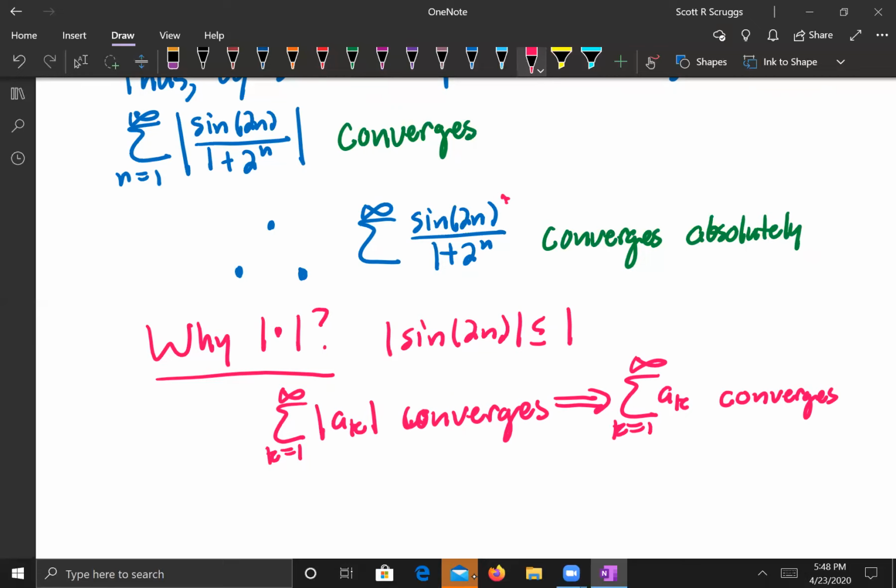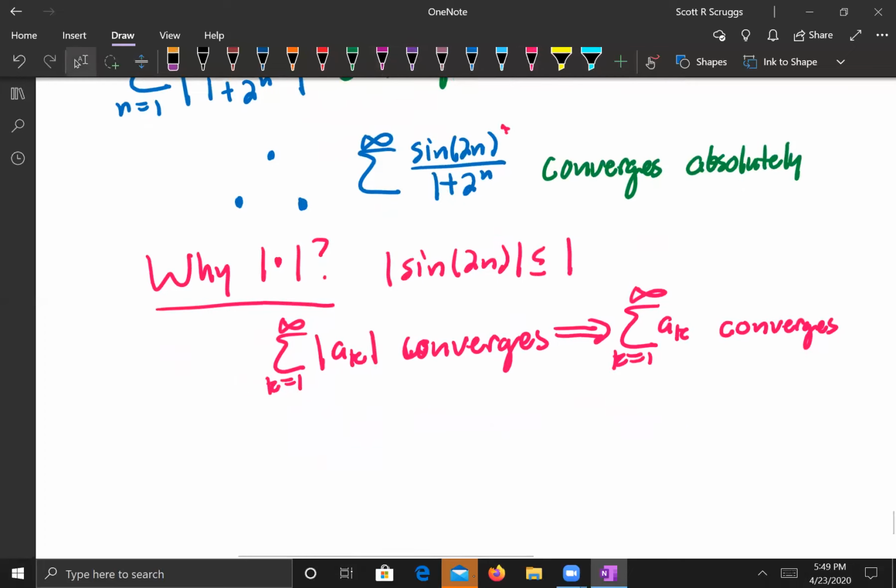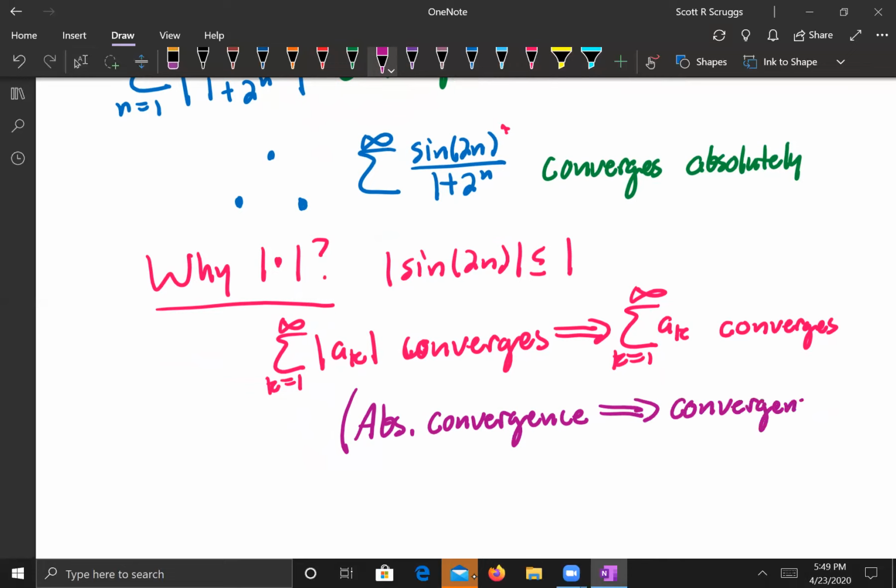I can't think of a clever way to tackle that series before the absolute value. So I'm going to resort to taking the absolute value of each term, which will give me that for free. You're welcome. And the best way to summarize that is absolute convergence implies convergence. Meaning that if you have an absolutely convergent series, you also have a convergent series.